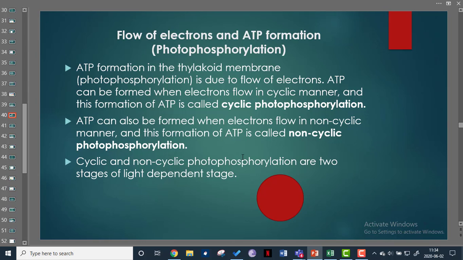And that is what we refer to as non-cyclic photophosphorylation. The electrons, once released by the chlorophyll molecules, do not come back to the chlorophyll molecules that lost them. Instead, they are replaced by electrons from the splitting of water molecules.